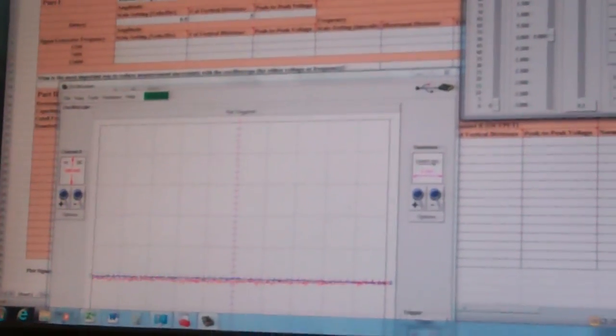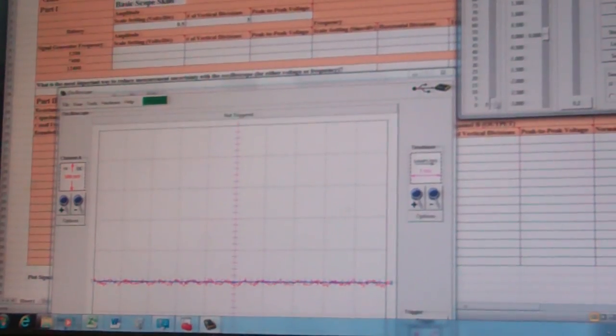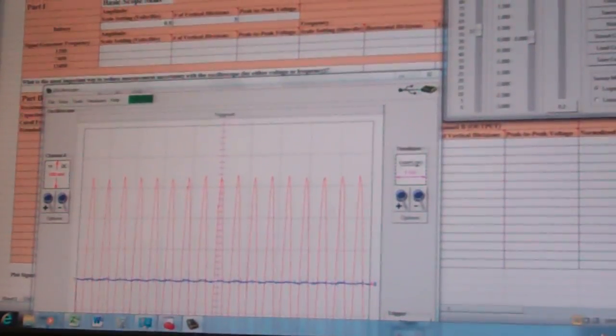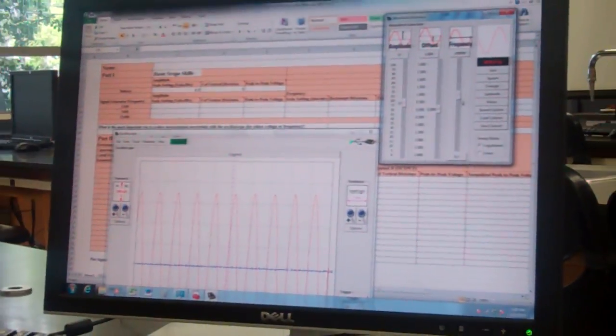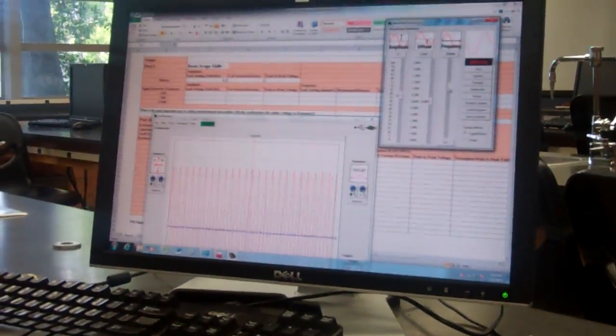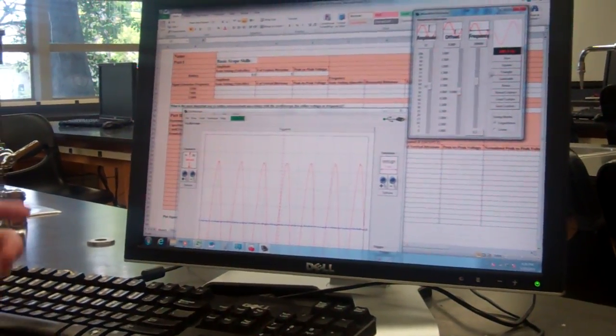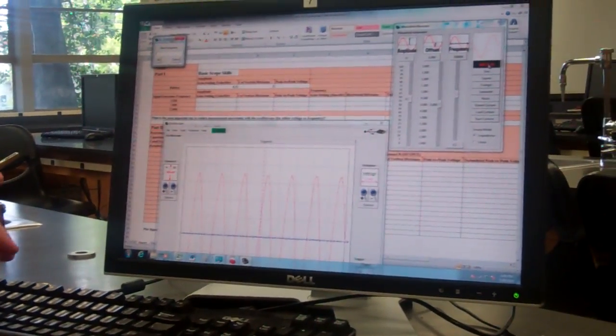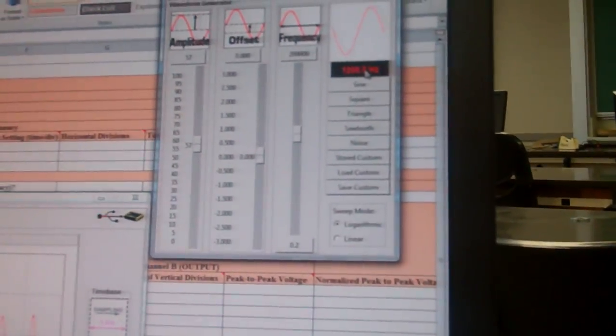Because you can slide this thing up and down. All right. In fact, let's show you how. I'll give you a signal. You can slide the frequency up and down, and it'll go anywhere between 0 and 200,000 or something like that. Ridiculous. So how do you get it exactly on 1200? Well, there's an easy way to do it. You just click on this number here and you type in 1200. Okay, so you click there, you type 1200.